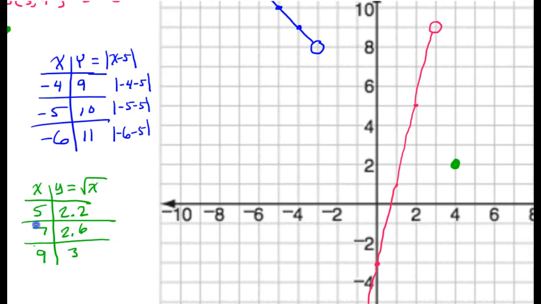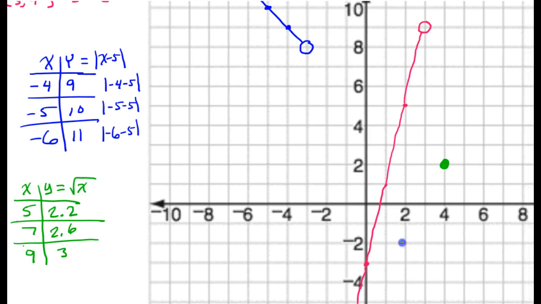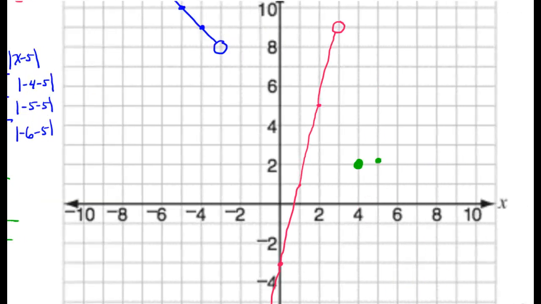So I definitely didn't need more points in there to see what's happening. Okay, so at 5, we're at 2.2. At 7, we're at 2.6. And then at 9, we're at 3.